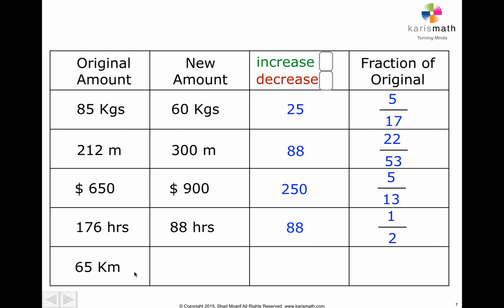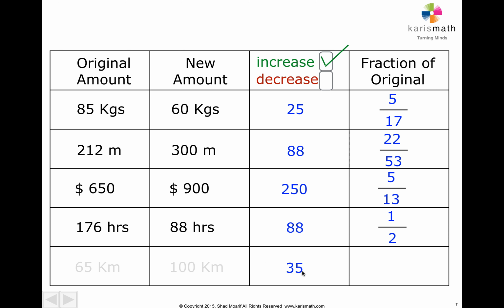This one here, the last one, 65 kilometers was the original amount, and it increases to 100 kilometers. So obviously from 65 to 100, that is definitely an increase. And how much is the increase? From 100, we take away 65. We're left with what? 35.